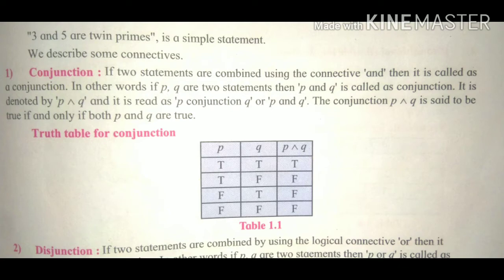Let P and Q be two statements, then the conjunction is denoted by P with the symbol Q and it is read as P conjunction Q. It is also read as P and Q.